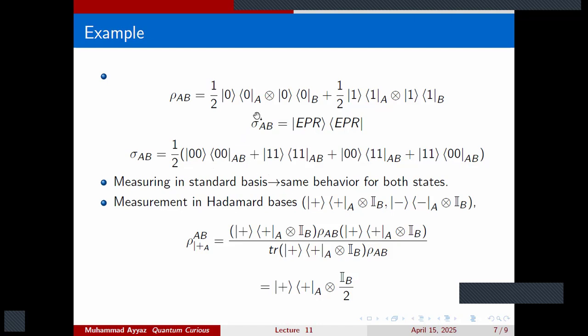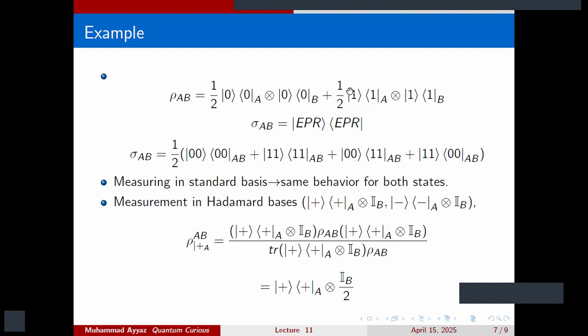If we measure these states in the standard basis, we will get the same kind of correlation. So, for example, if we measure the state ρ_AB in the standard basis, and if we get result 0 in A, we are sure that we are going to get 0 in B. And similarly, if we get 0 here in the EPR case, we are going to get 0 in B as previously for ρ_AB.